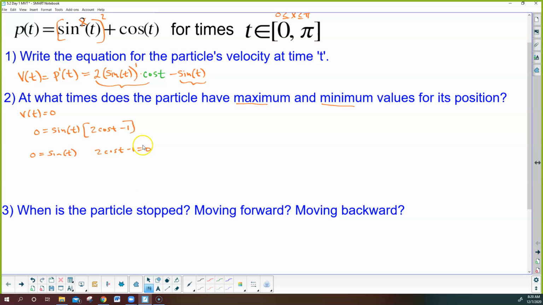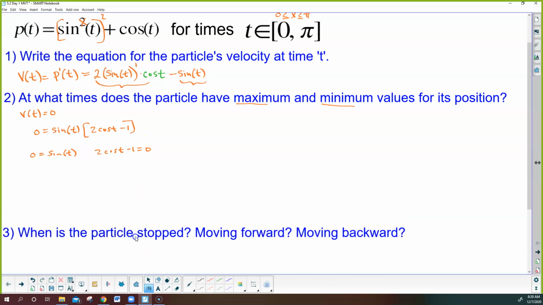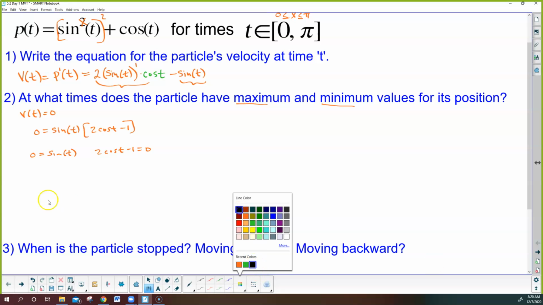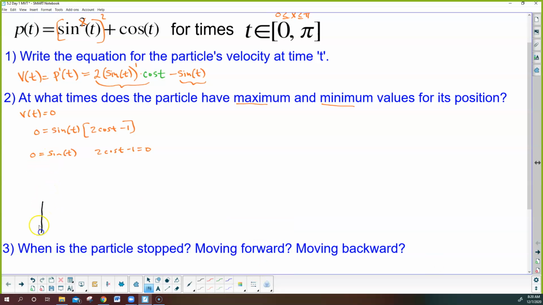Now, you might have to review your trig here. I'm hoping this is something you can do fairly quickly. When is sine equal to 0? Well, sine is the y value, and of all these points, when is the y value equal to 0? Notice we're going from 0 to pi.